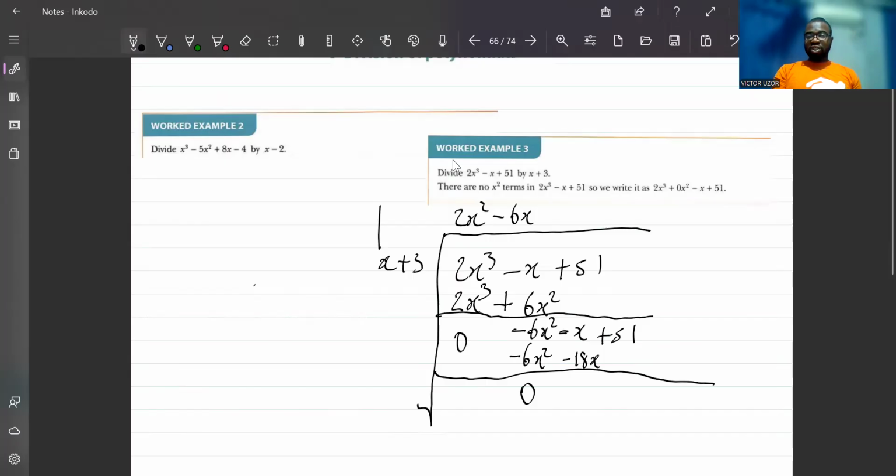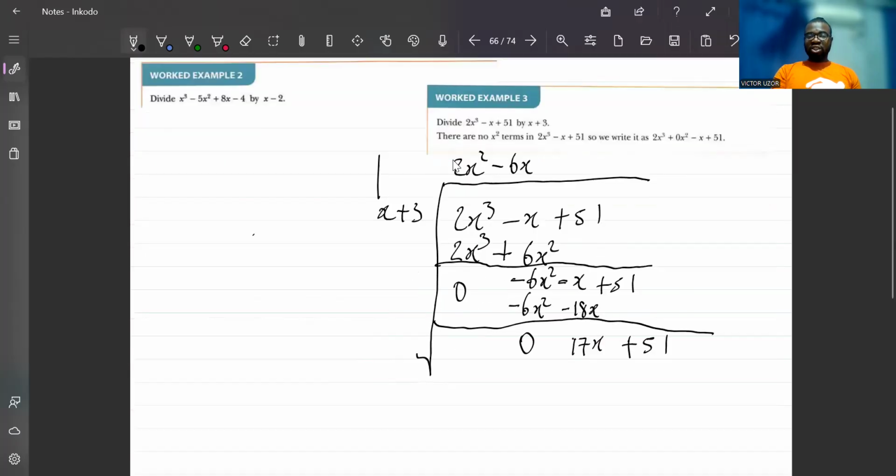So now it's going to give you 17x. Then you bring down your plus 51.